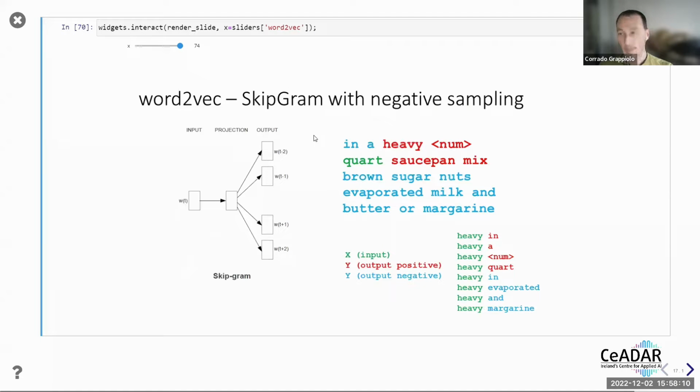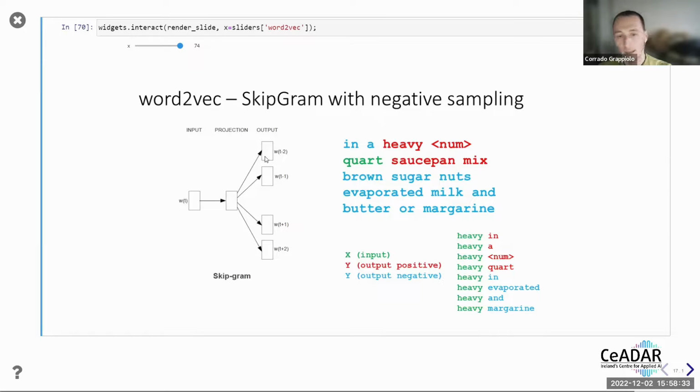There is the negative sampling approach, the improvement that basically allows the network to observe negative examples. What is being fed to the network is the pivot word, the word that comes in input, quart in this case. There's a mistake, it should be quart and not heavy, but you get the idea.